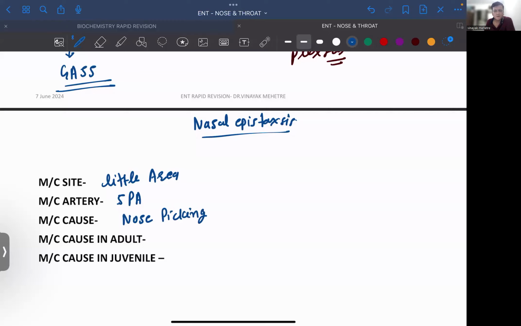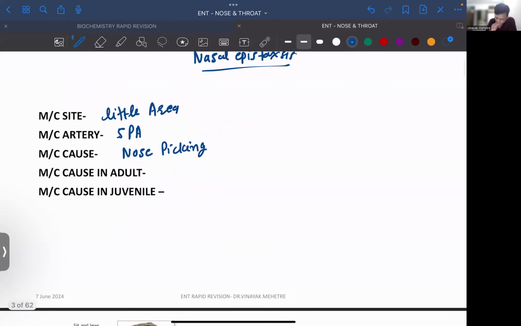Okay. Most common cause in adult. Anyone? Most common cause in adult is not nose picking, that is hypertension. Okay, hypertension. And third is most common cause in juvenile age. Juvenile age is how much? From what to what?